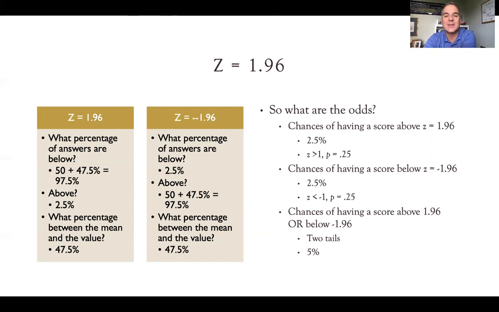When P is less than 0.05, or less than 5%, that tells us that there's a 5% chance that we're actually in one of the tails at the Z equals 1.96 amount. And we start to say that that is just too extreme. So you'll see this Z equals 1.96 come up again and again to understand that 5% that are in those two tails on either side of Z equals 1.96 and Z equals -1.96.